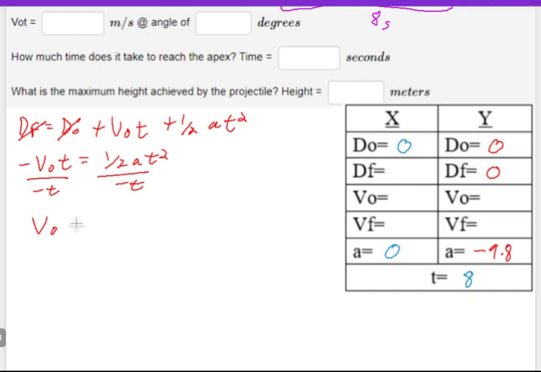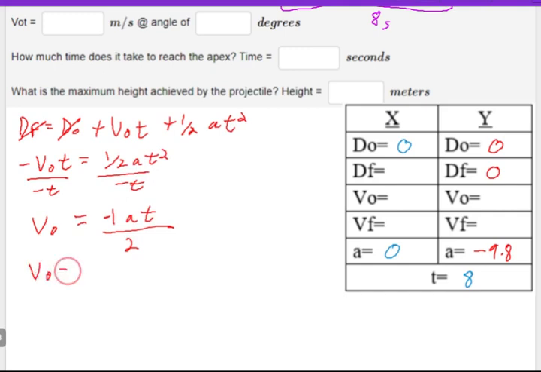Therefore, I find out that the initial velocity in the y direction should be equal to negative 1 at over 2, okay? Because it's 1/2 at squared, so 1/2 at.